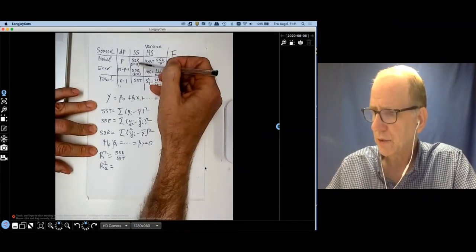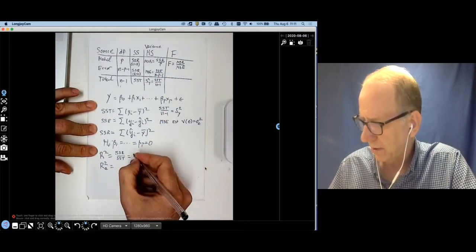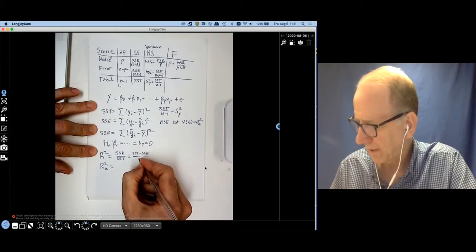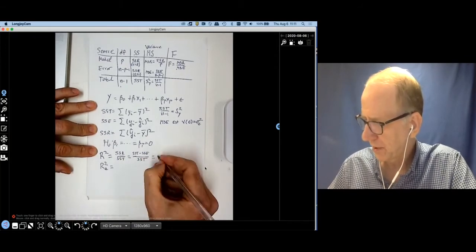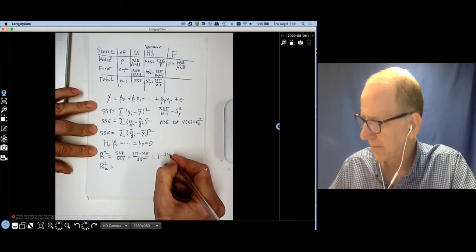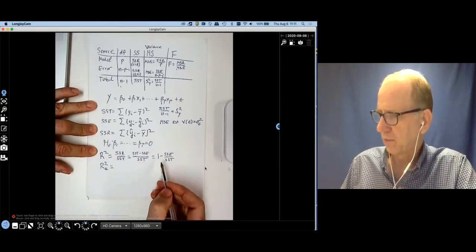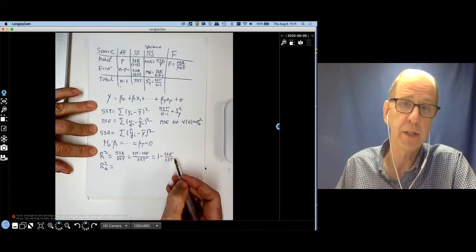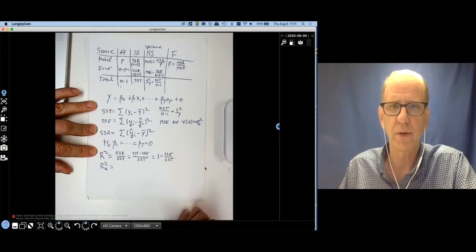But because these two add up to SST, we often rewrite this. So this is SST minus SSE all over SST, which is really just 1 minus SSE over SST. And so think of this as the fraction of variance unexplained by the model. So the size of the errors relative to the total.